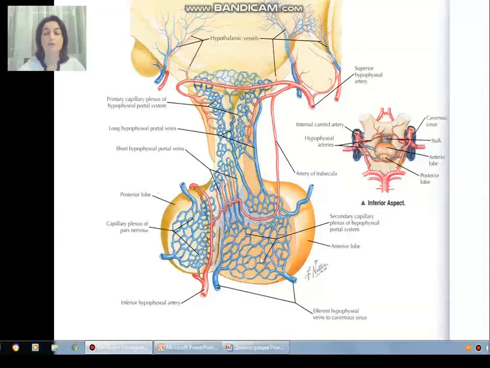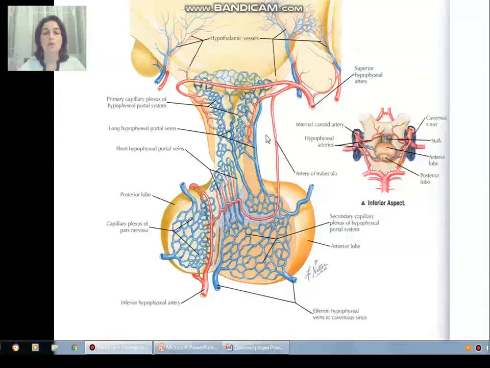From these capillaries arise venules which collect into veins, and these hypophyseal veins carry blood out from the adenohypophysis. So as we see here, the blood supply of the neurohypophysis is separated from the blood supply of the adenohypophysis.